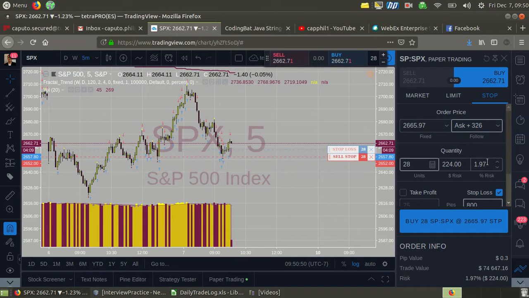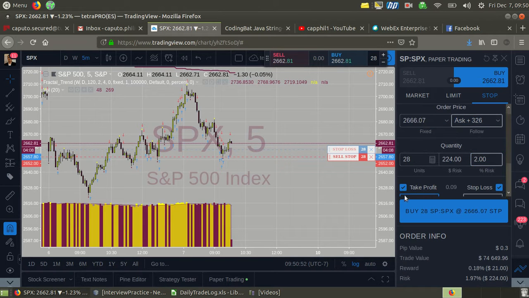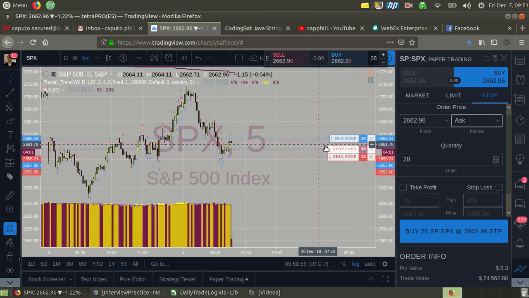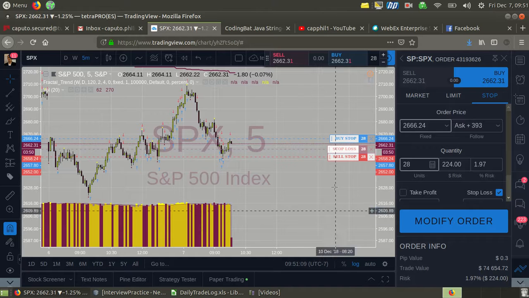Add a stop loss order in there, make it 2% if we can. I don't take profit because I moved my stop loss order. So let's put that up there. And there's our stop loss and so forth to give us a 28 share, 2% on that trade.